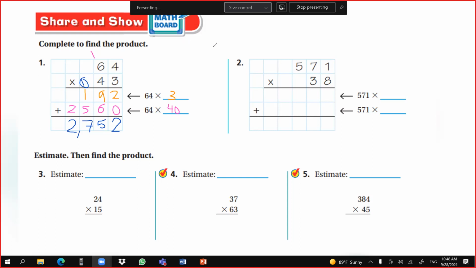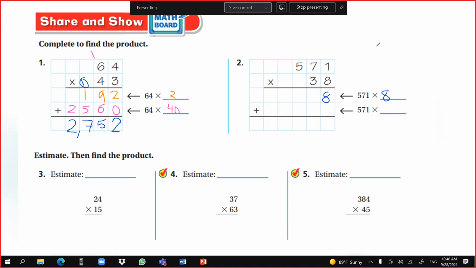Yalla, Noura. Okay, let's solve number 2 in order to understand. Yalla. 8. First of all, what do you have to do first? Multiply what? 8 by 8 with 1. So 8 times 1, 8.